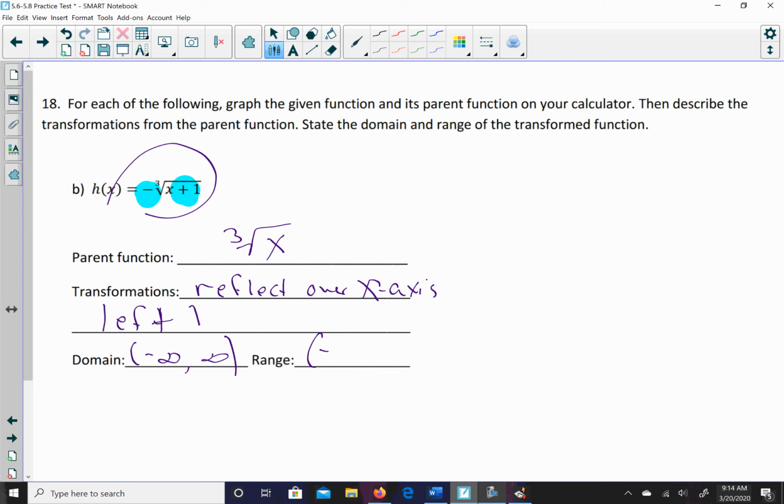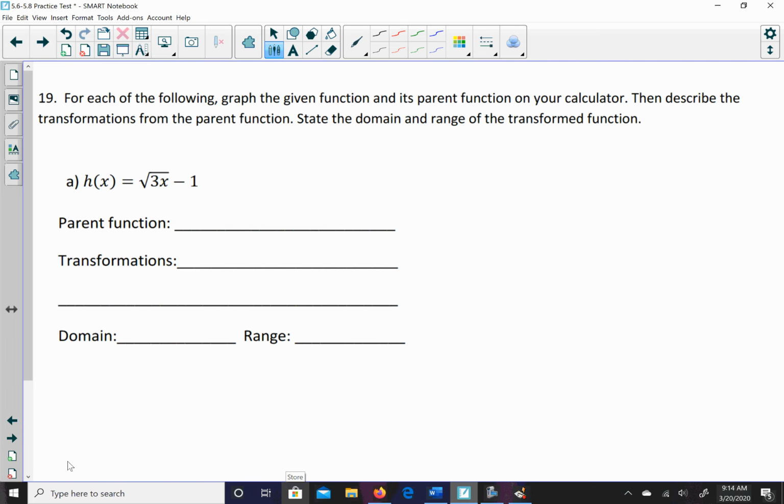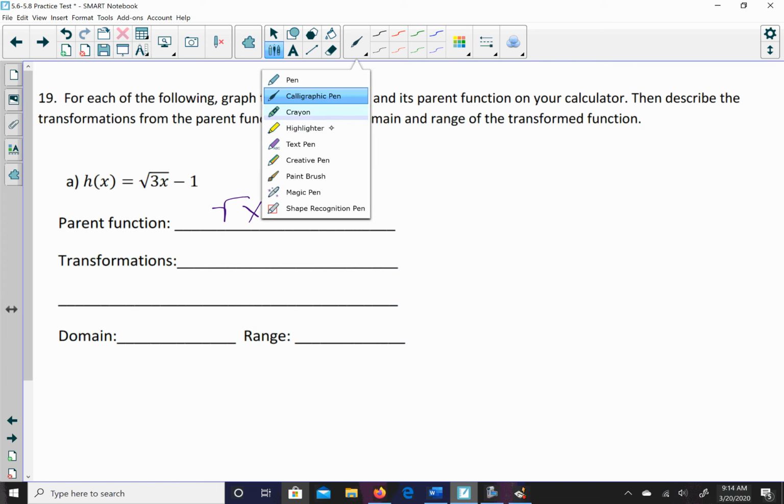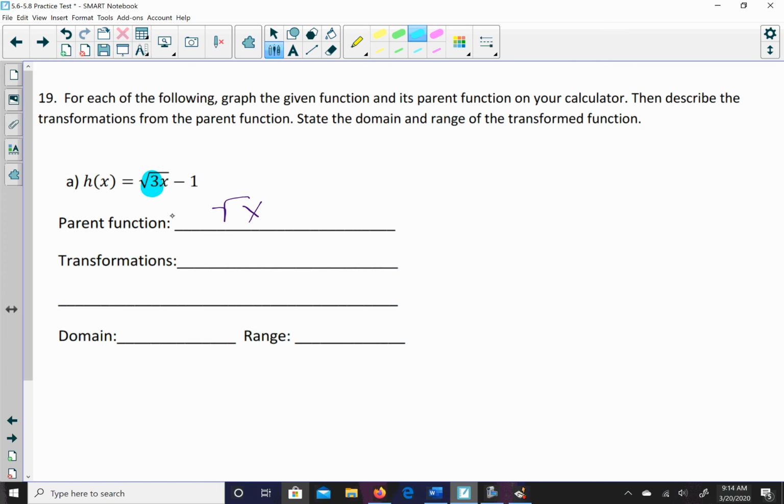Okay, so the range is also going to be from negative infinity to positive infinity. Moving on to the next one, the parent function is going to be the square root of x. The transformations, again, I'm going to have 2. I'm going to have this 3 inside the parentheses, and I'm going to have this minus 1, which is outside the parentheses.